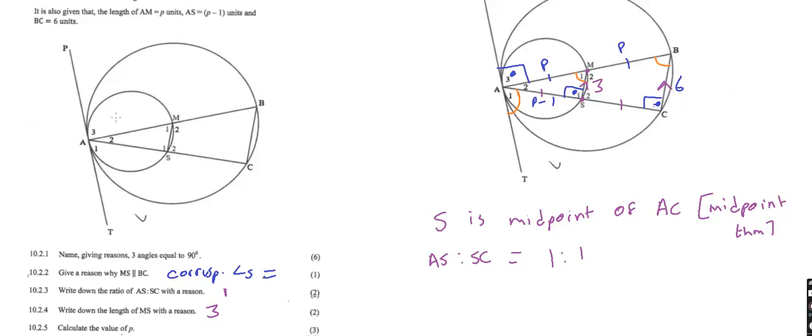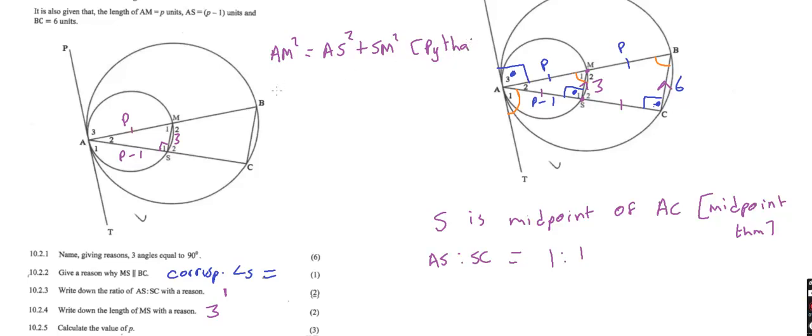Remember, there's a P here, there's a P minus 1 here, and there's a 3 there. So according to Pythagoras, AM squared is equal to, because there's a 90 degrees here, AS squared plus SM squared. And then your reason is Pythagoras.